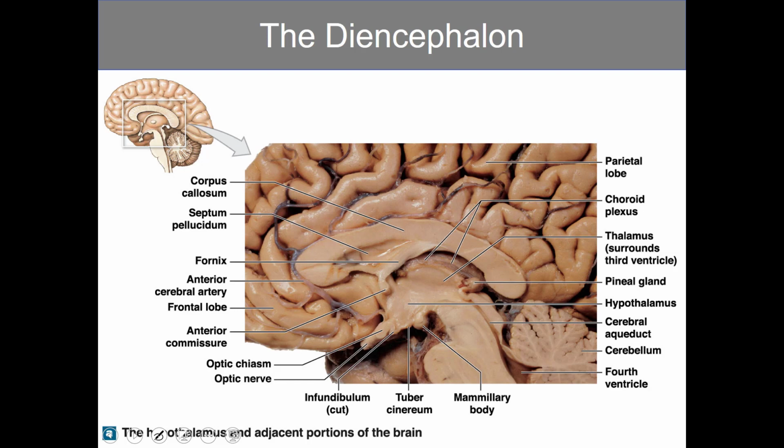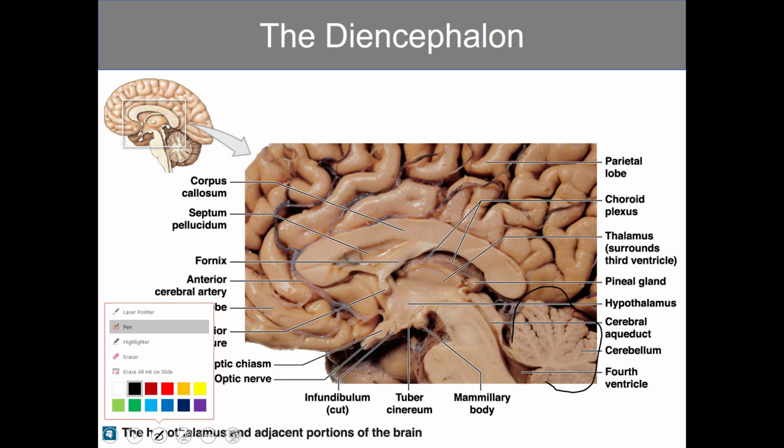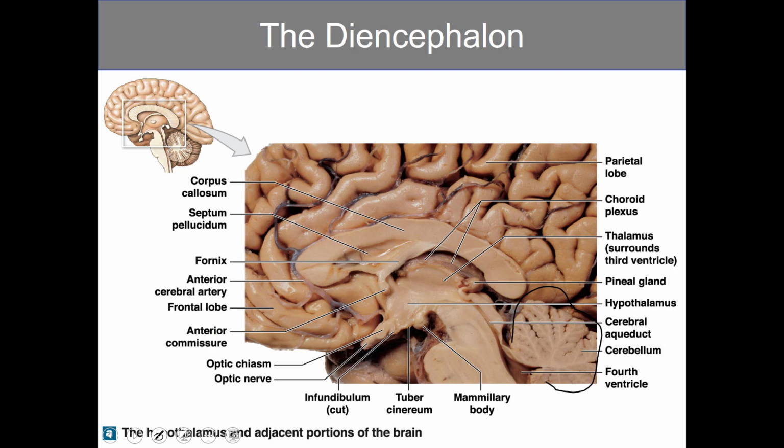Here we see a sagittal section of a dissected brain. Just to orient ourselves, here we have the cerebellum, posteriorly oriented back within the occipital bone. The thalamus is right here.